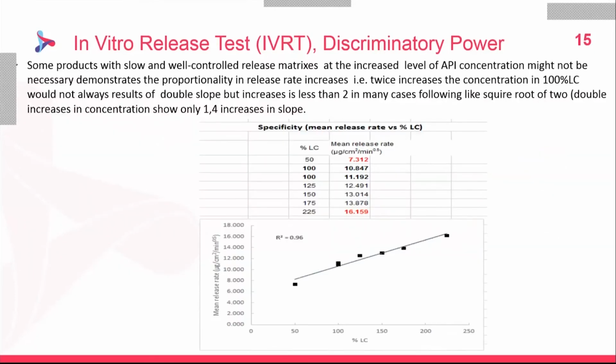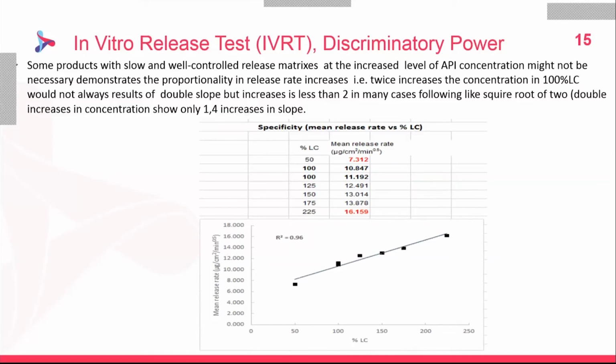Case number 2. Some products with a slow or well-controlled release matrix are close to the classical Fickian model, for example ointment films. At an increased level of API concentration, they might not necessarily demonstrate proportionality in release rate increase.